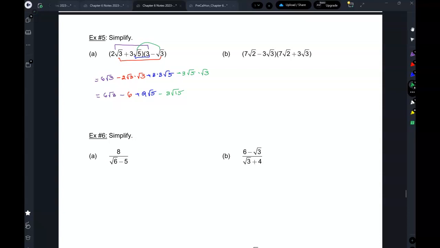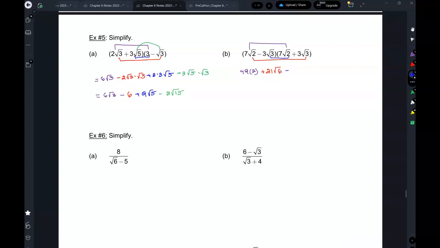Okay, so first terms, I actually wanted to change colors too. So it's 49 times 2. Outer terms plus 21 root 6.